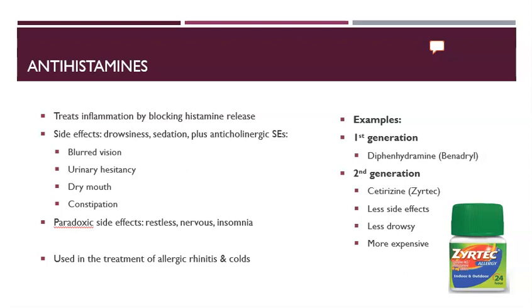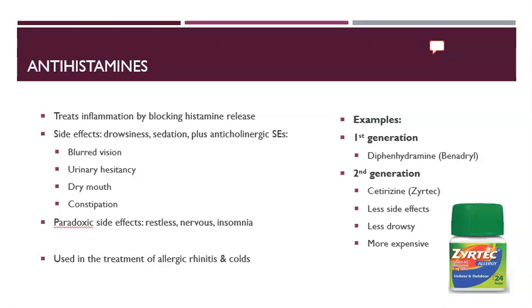Some patients will also experience paradoxic side effects. When you hear the word paradoxic, you are thinking about the opposite. So in this case, we are thinking restless, nervous, and insomnia instead of the expected drowsiness and sedation. We have talked about these in the use of allergic rhinitis and colds.